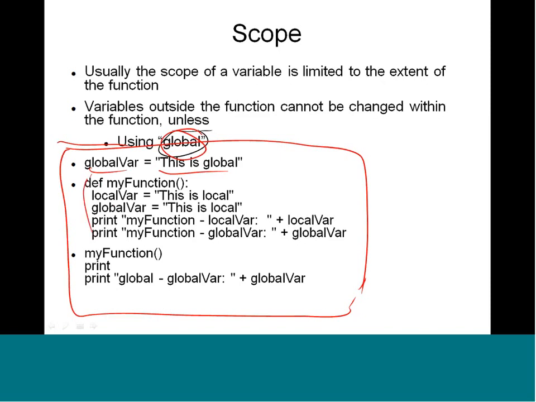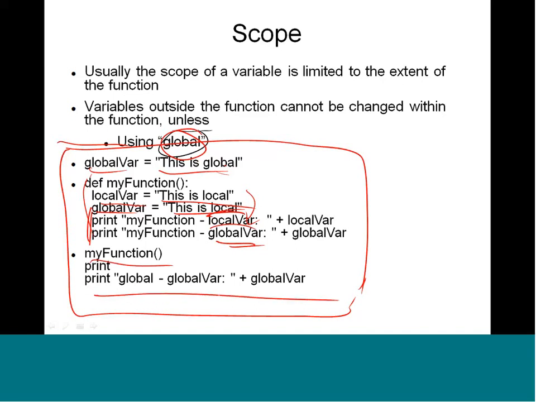Now I am defining my function where I define a local var, and we assign "this is local" to that local var, and global var I am changing from "this is global" to "this is local". So if I print within the function, the global var will be "this is local", and the local var is also the same. That is what happens when I execute this.